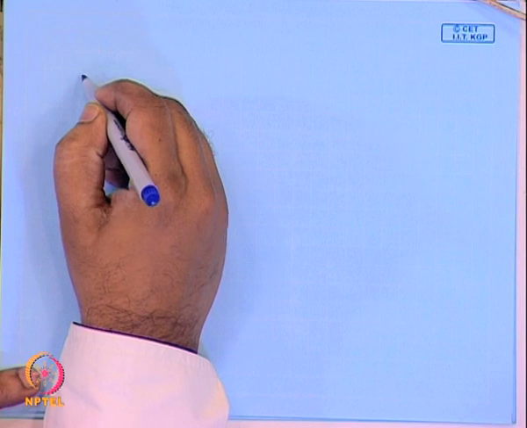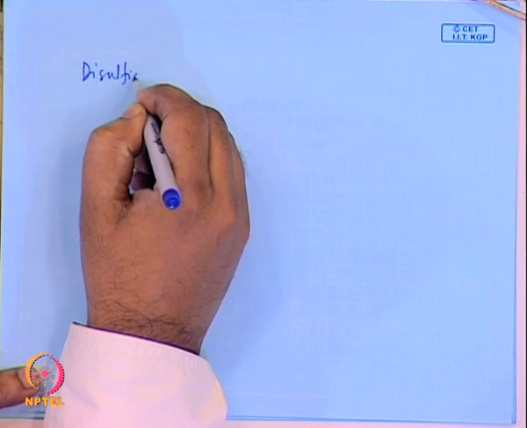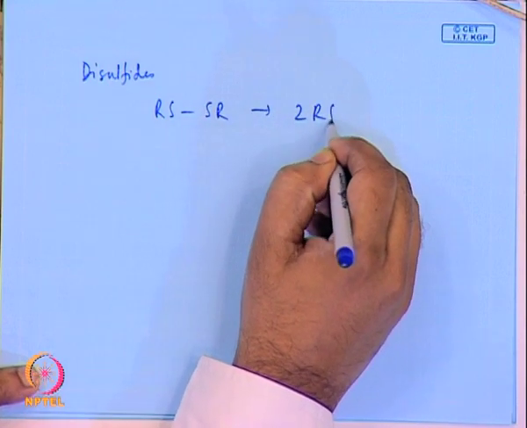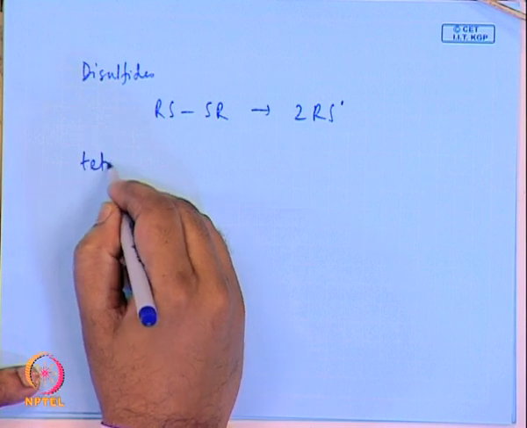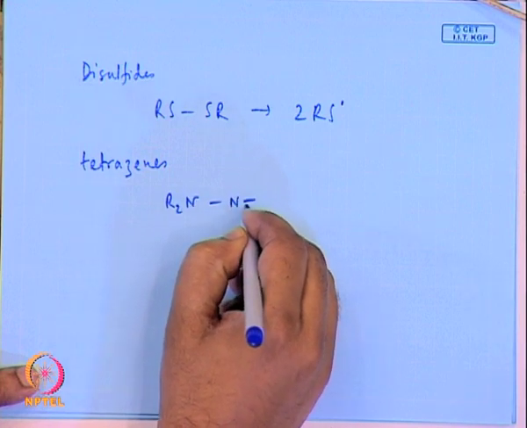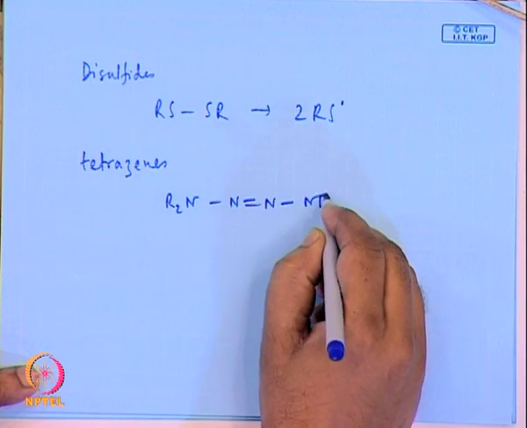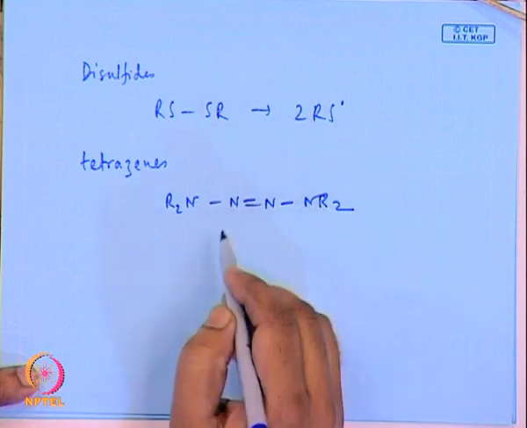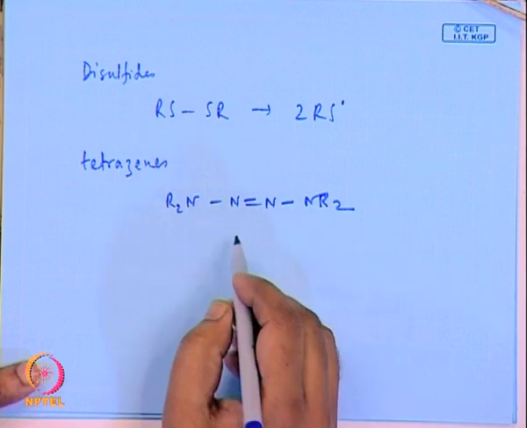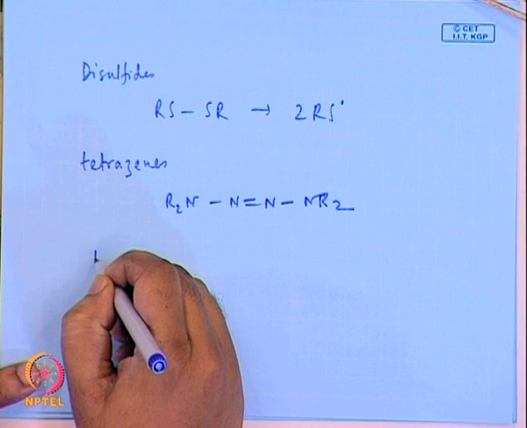The other types of radical initiators are, for example, disulfides. I have RS-SR giving two RS dots, or I have tetrazenes, which break, giving R2N dot plus nitrogen, or it could be other peroxides.